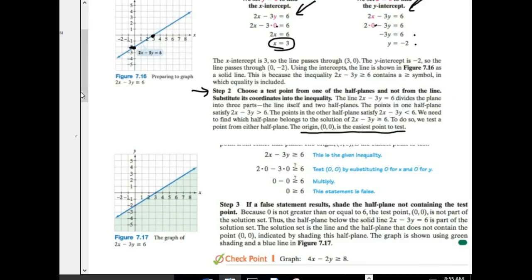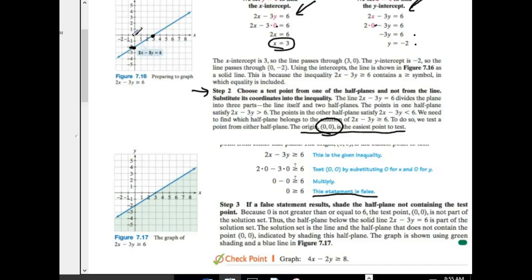If they plug in 0 for the x and the y, they're using that as our test point, then we end up with 0 is greater than or equal to 6. Well, this statement is not true. 0 is not greater than or equal to 6. So therefore, I'm not going to shade the side that (0, 0) is on, which would be this side.